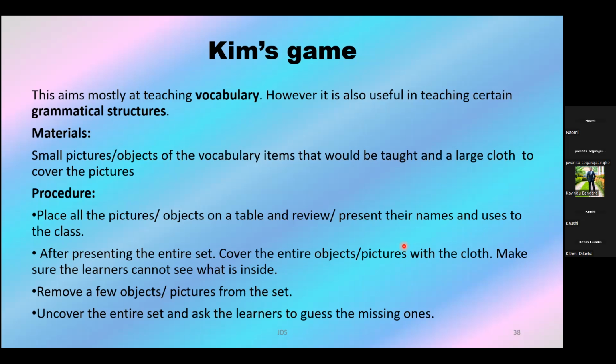If they were very attentive, definitely they would be able to guess it. Even if they have forgotten the word, they will try to explain, like what was next to this object is not there. They will try to express it. Based upon their explanation, we introduce or teach that particular word.